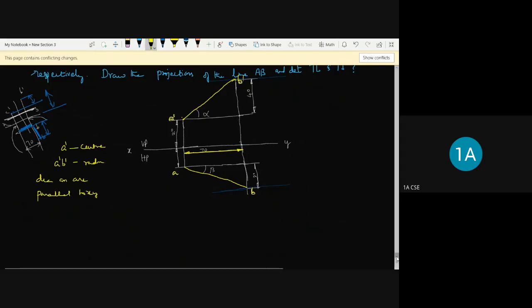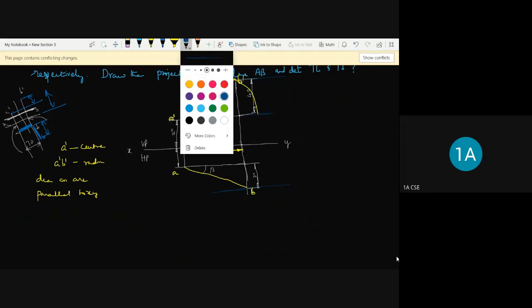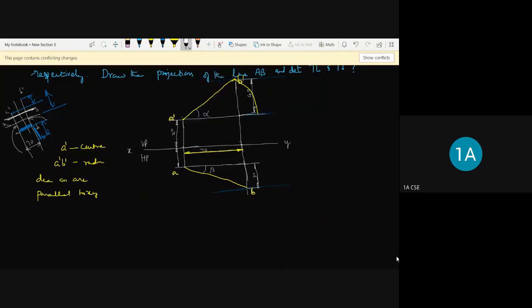It should cut the A dash line. See, from B dash draw an arc like this, and it should cut this line, which is the line of A dash, at this point.